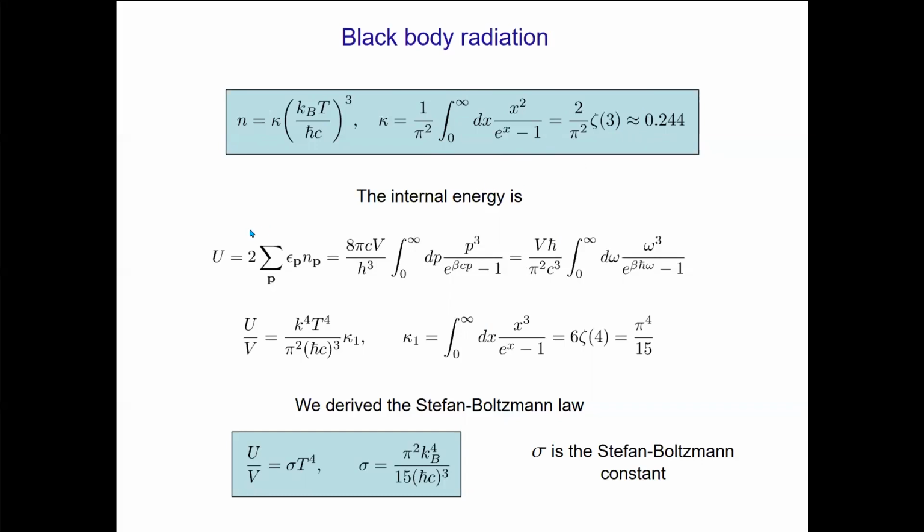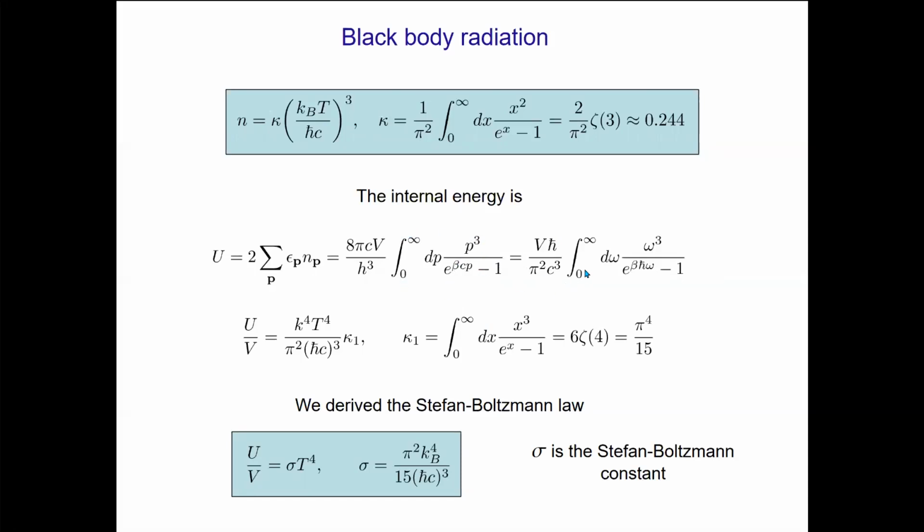In a similar way, we can calculate the total internal energy of the gas of photons. This is a standard expression where we sum over all occupation numbers with a given momentum, and then we change again to the integral using spherical coordinates, in momentum space.